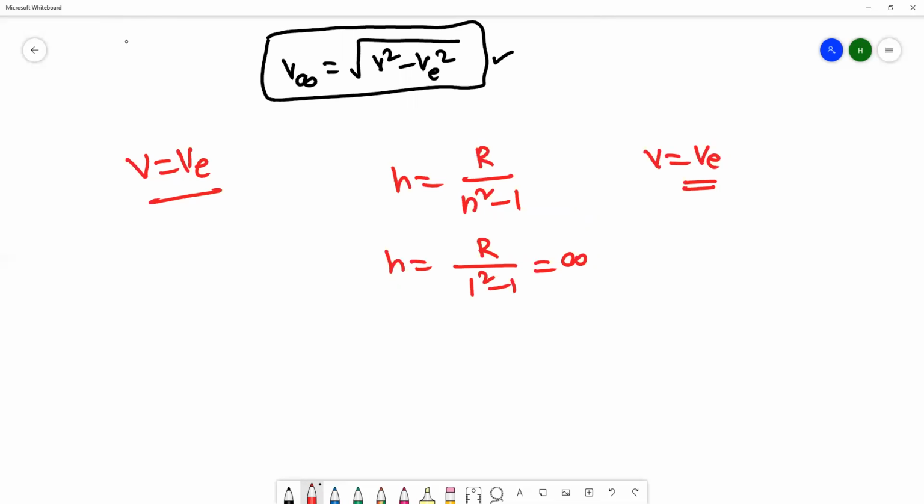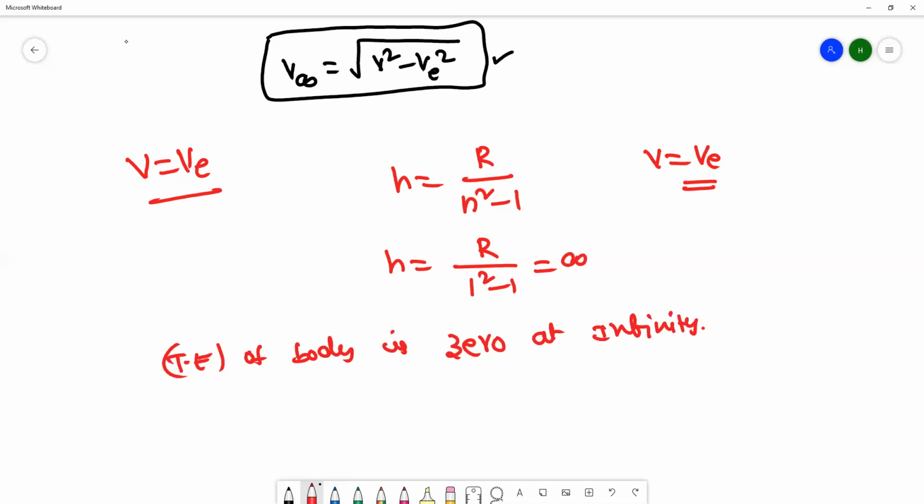Then you can say the total energy of the body is 0 at infinity. Once again, I'm telling you, if it is projected with v greater than ve, v less than ve, or v equal to ve, then what will happen? h is equal to infinity.